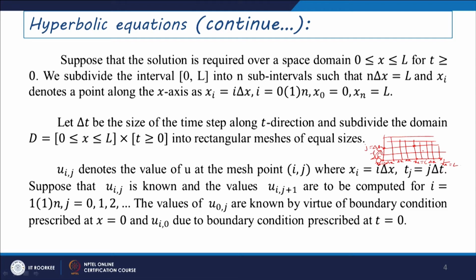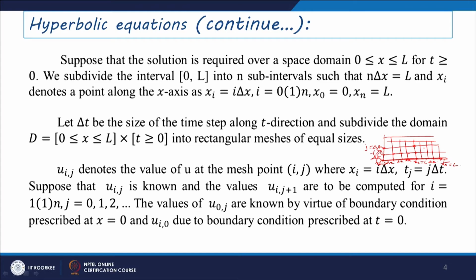We always have a boundary condition prescribed along the boundary, and we consider the known values u 0 j as the boundary conditions prescribed at x equals 0.